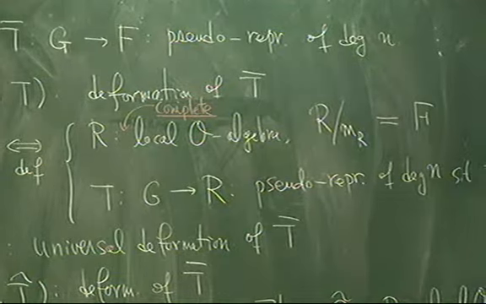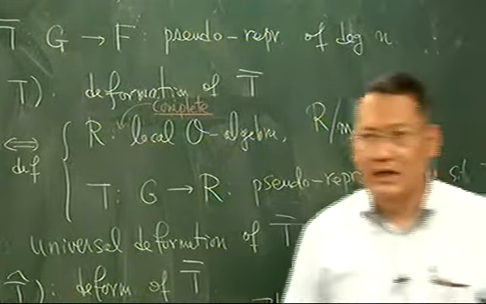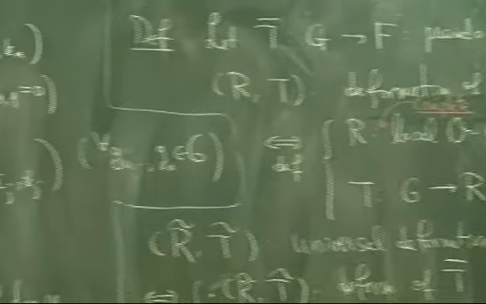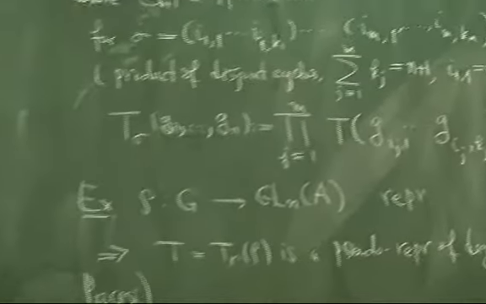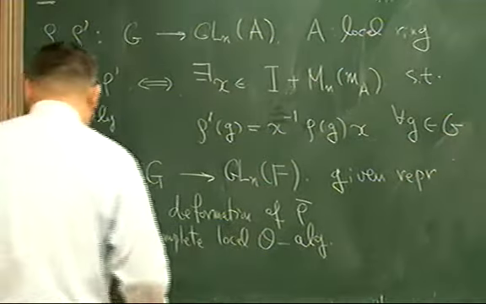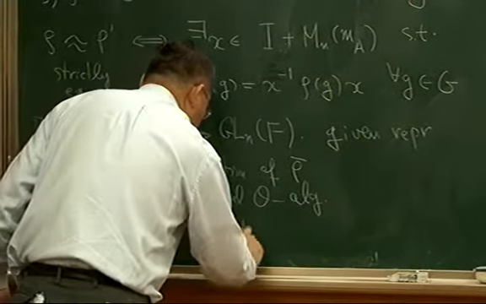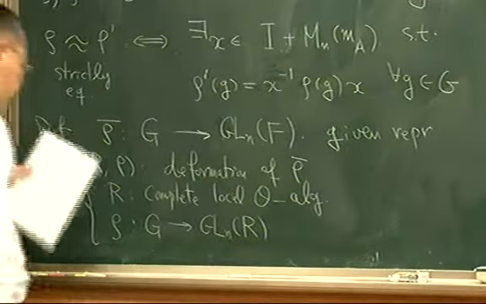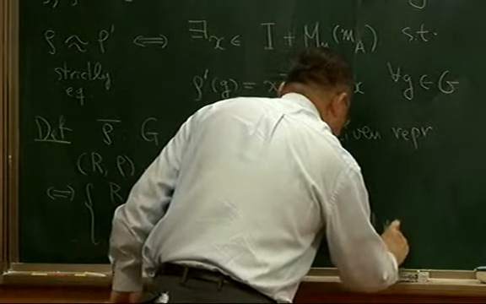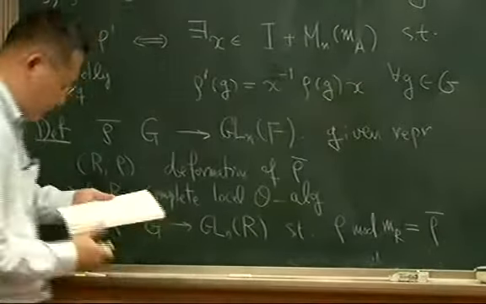Actually Henselian is fine, but I just say complete. R is a complete local O algebra, and rho is a representation of G over R of degree n such that rho mod MR is the same as rho bar.